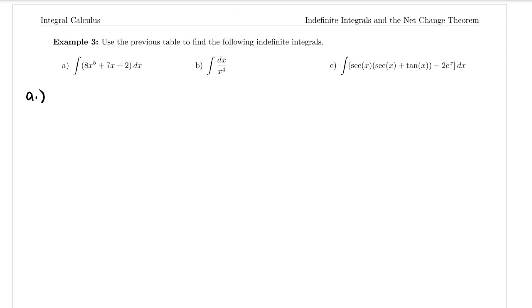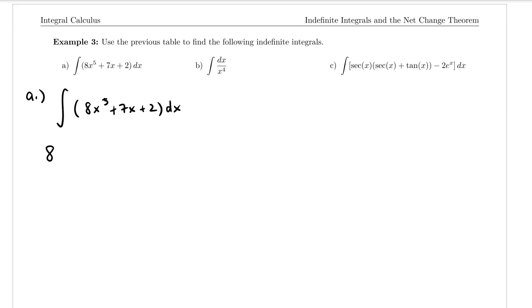So for part A, I am taking the indefinite integral of 8x to the fifth plus 7x plus 2 times dx, and this just is a polynomial, and so we would use the power rule in order to take the integral of this.